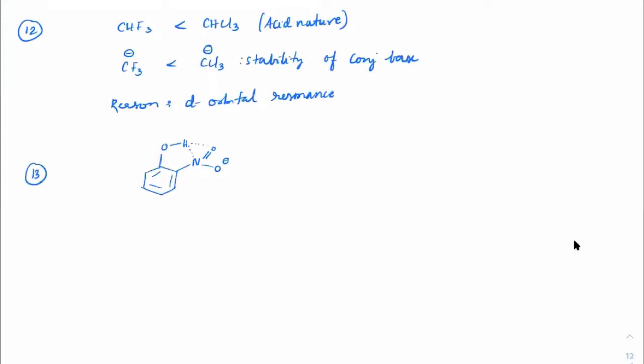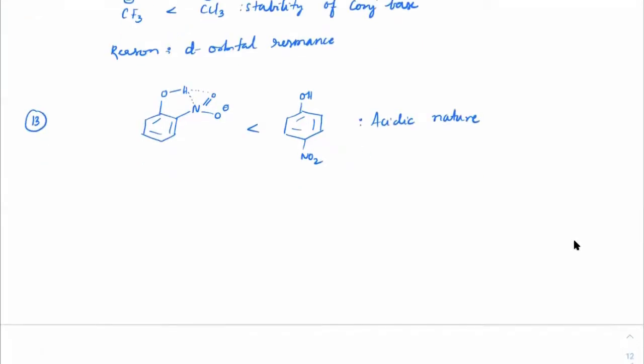So either way, the group is giving hydrogen bonding at the ortho position. And if we compare the same with the para position, due to hydrogen bonding this hydrogen is not released that easily at the ortho position, although you know that NO2 is much more strongly withdrawing at the ortho position than the para position. So if you check the acidic character, the acidic character of para would be more than ortho. Okay, students, this is because of hydrogen bonding chelation.